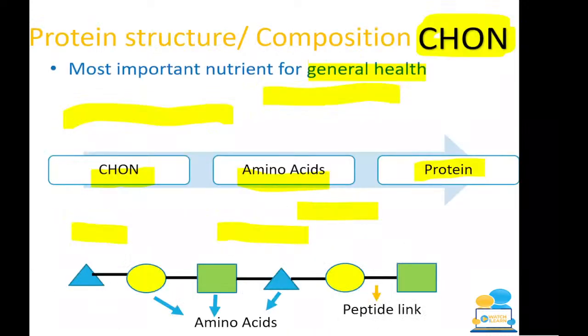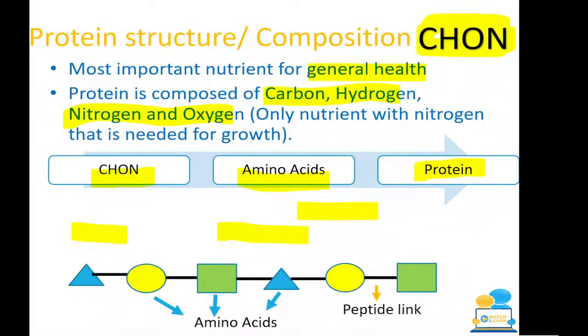So for our protein, it is the most important nutrient for your general health. It is composed, which is another word for made up of, carbon, hydrogen, nitrogen, and oxygen, so CHON. It's the only nutrient which actually contains nitrogen, which is required for growth.